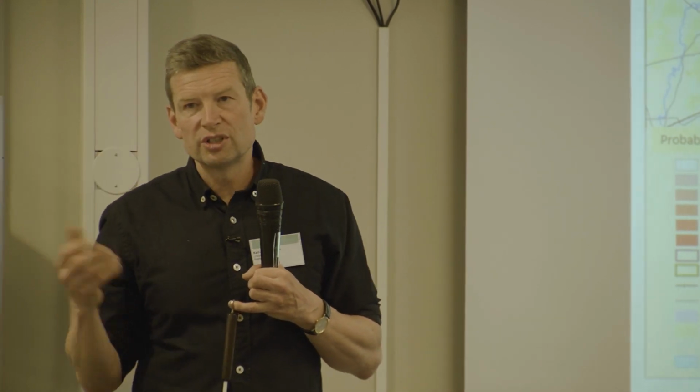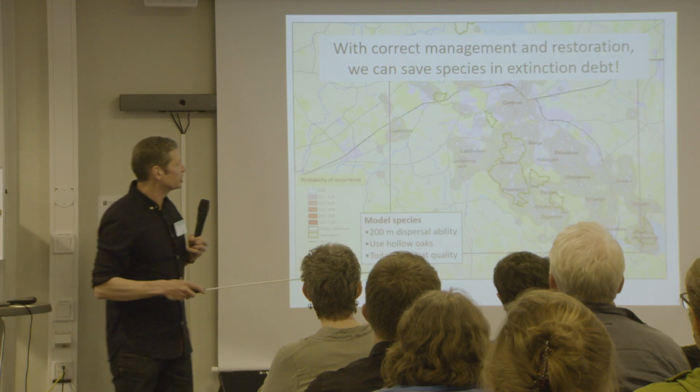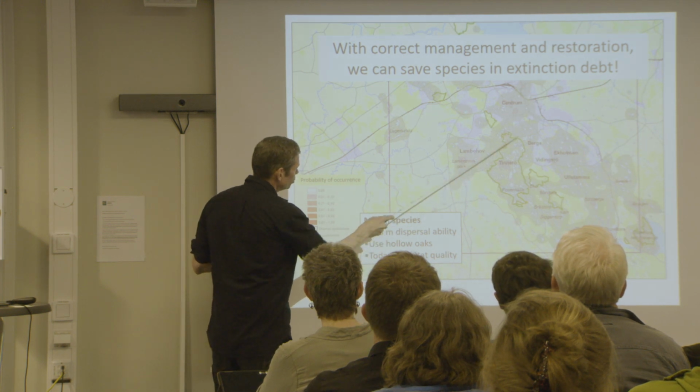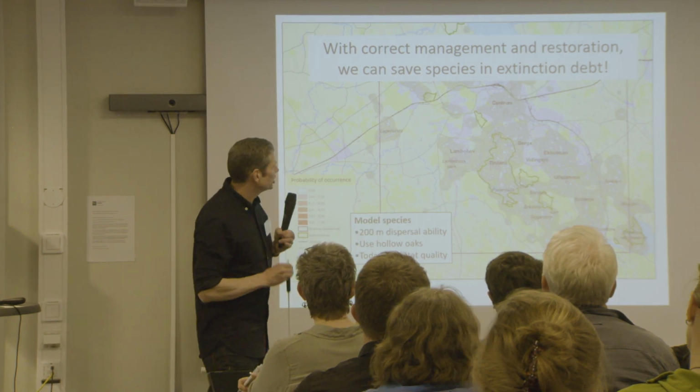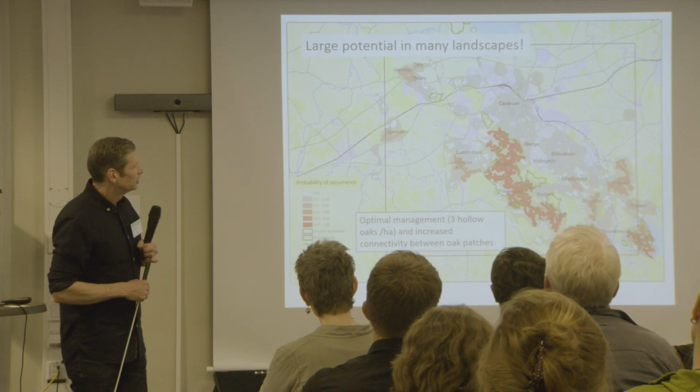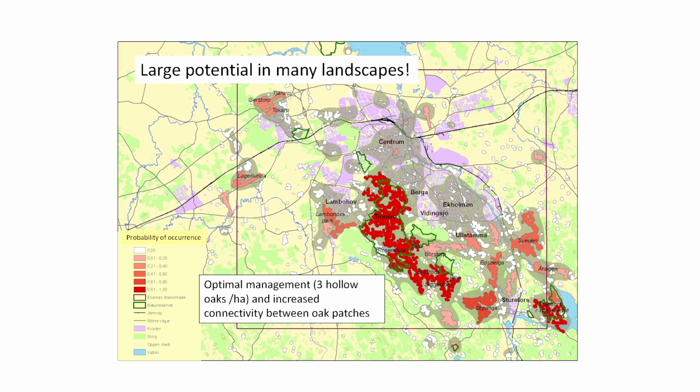But what happens if we manage this landscape optimally and we manage also to put some new oaks between these areas? That gives an idea of the potential of the landscape. And then the landscape starts to look like this. So in many areas we have a huge potential if we manage it correctly.